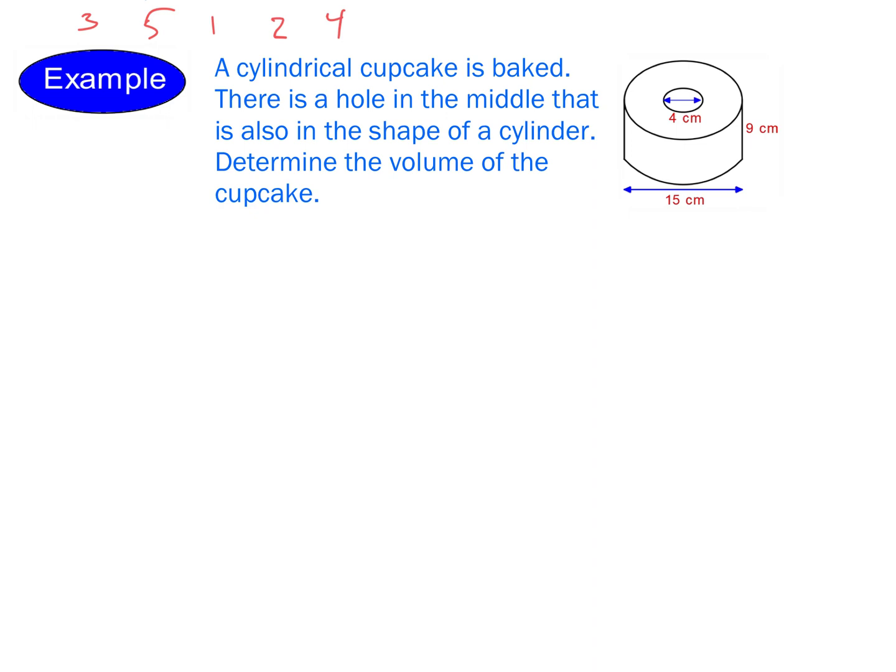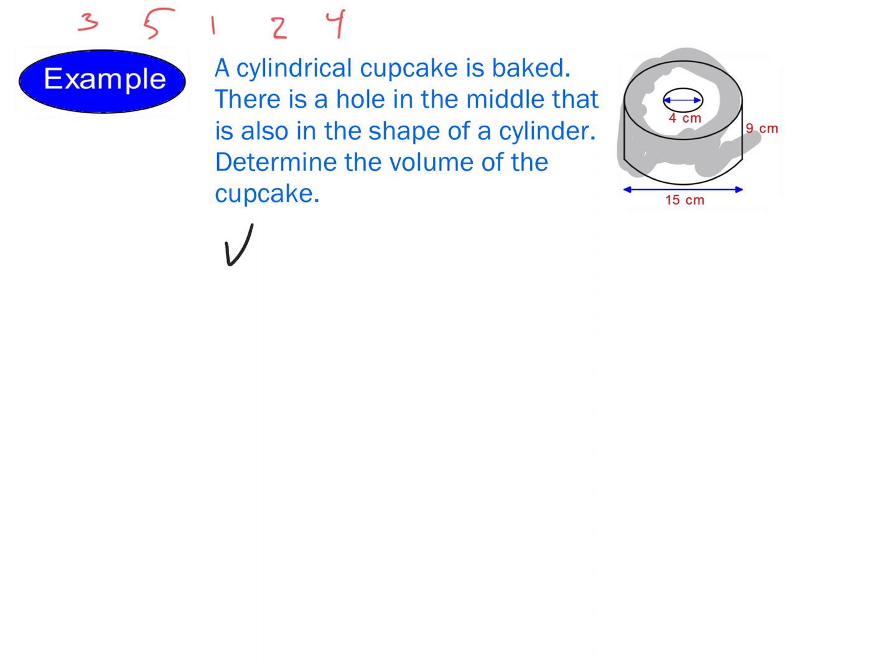So what we're trying to do is find the volume of the cupcake. We're going to first pretend there's no middle being cut out, and we're going to find the volume of the entire thing. That's how we're going to start this.